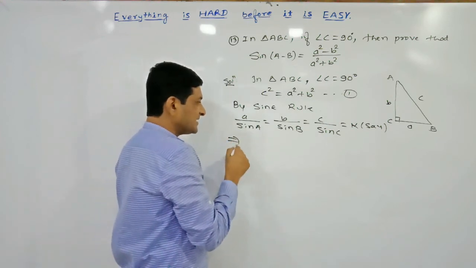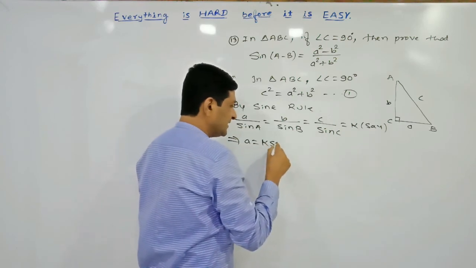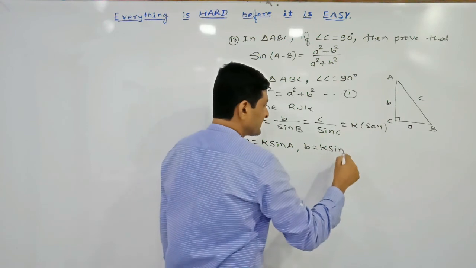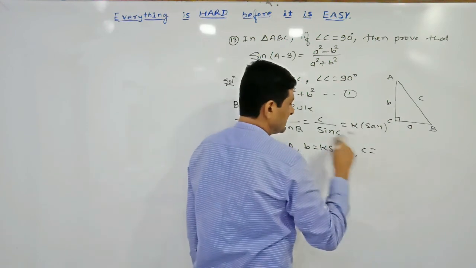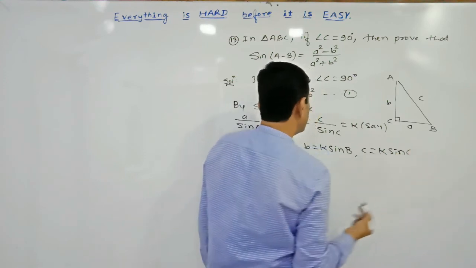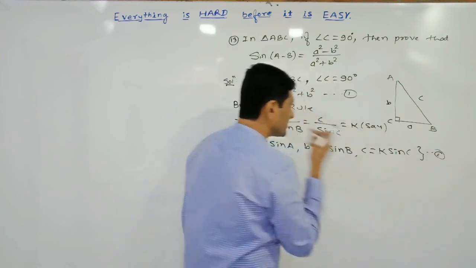Which implies that a is equal to k sin A. In the same way, b is equal to k sin B, and c is equal to k sin C. Let us denote all these values by equation number 2.